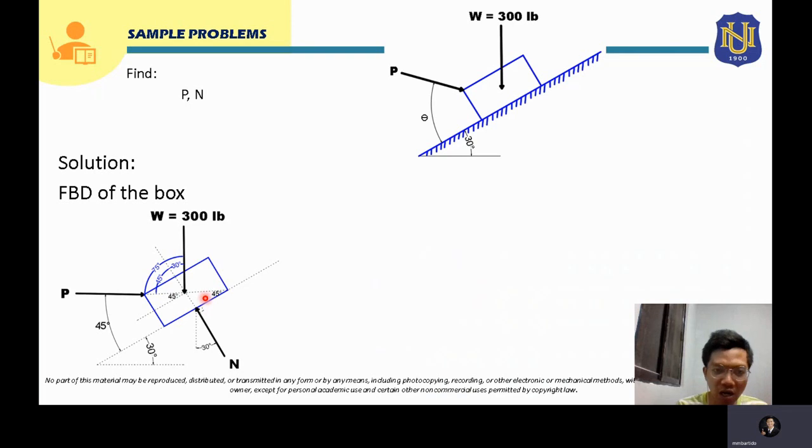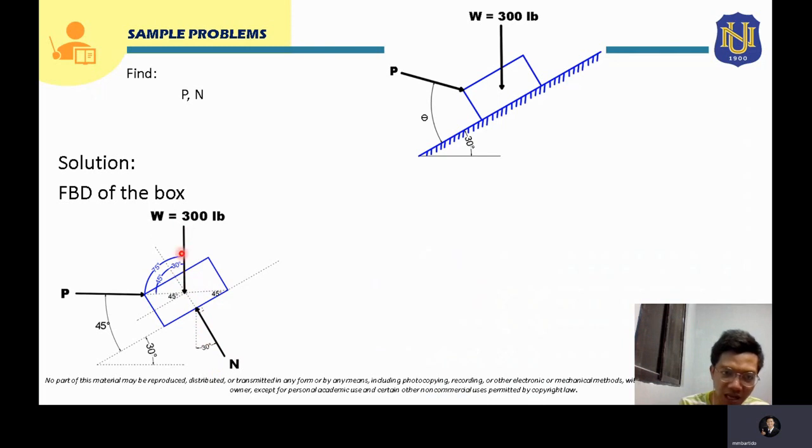We can solve for the angle of P with respect to the vertical axis. Since our normal force, if we extend this, will be the line of action of our normal force, and this line is 30 degrees from the vertical.